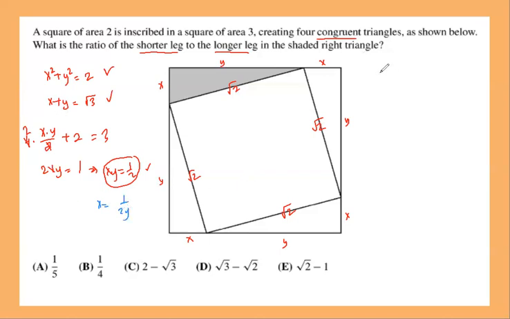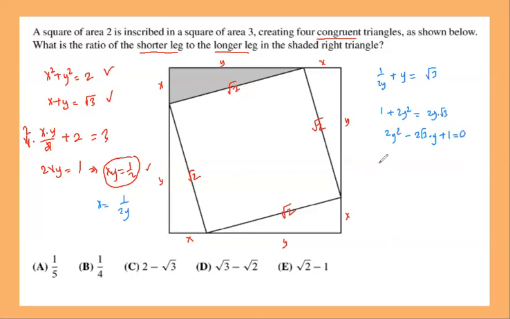Let's plug into this equation. So 1 over 2y plus y is root 3. If you multiply both sides of the equation by 2y to cancel the denominator, you will get 1 plus 2y squared equals 2y times root 3. Pull everything to one side: 2y squared minus 2 times root 3 times y plus 1 equals 0.